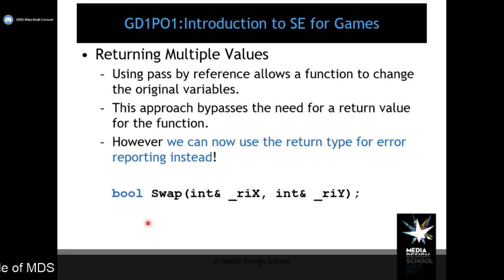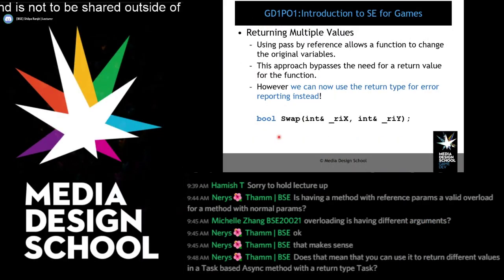So Neris, does that mean that you can use it to return different values in a task-based async method with a return type? When you say return, can you just unmute yourself? So when you say return different values, do not use the term return because it's slightly misleading.